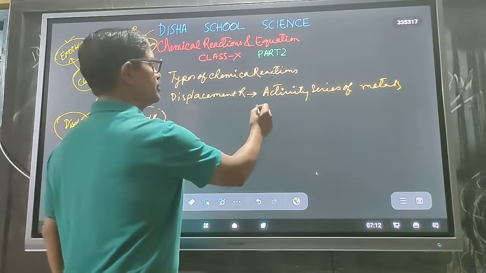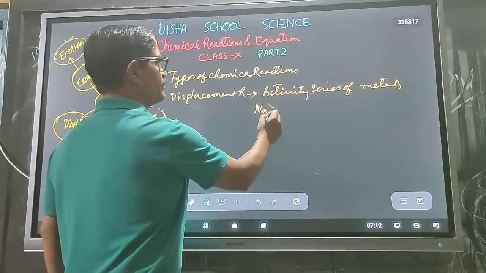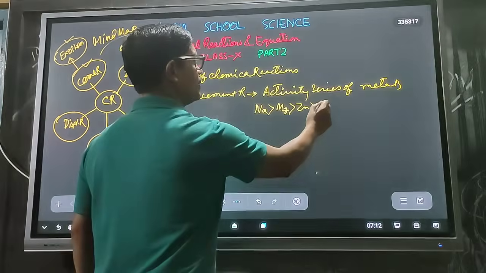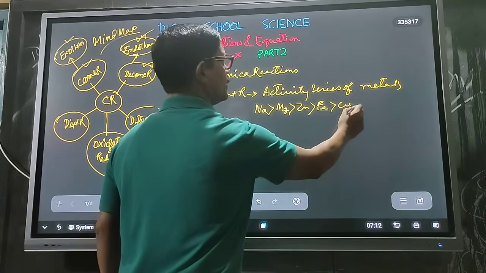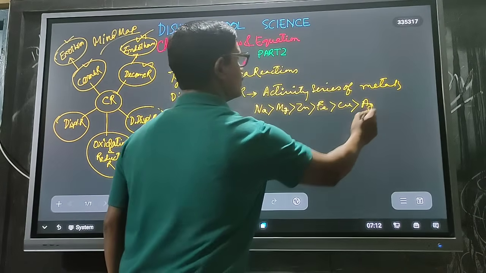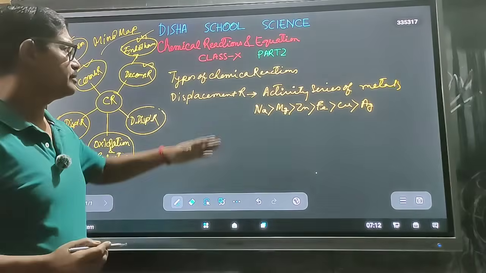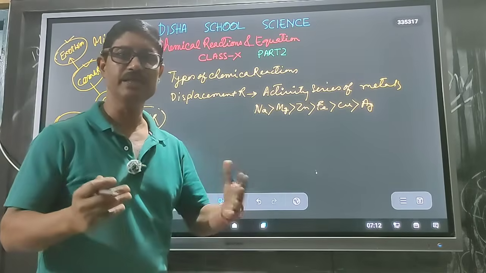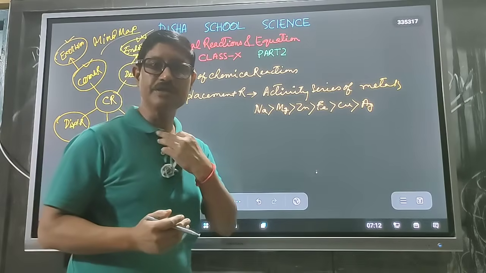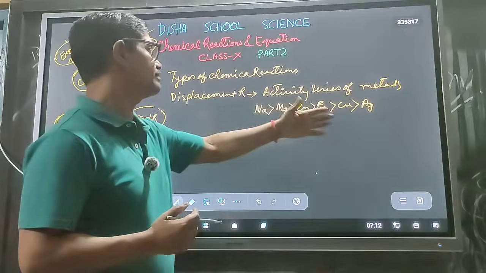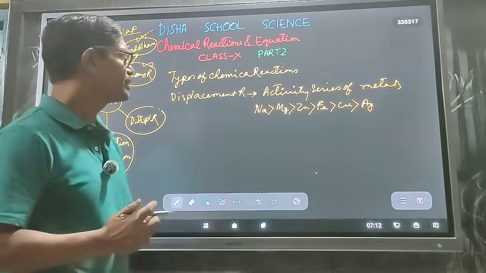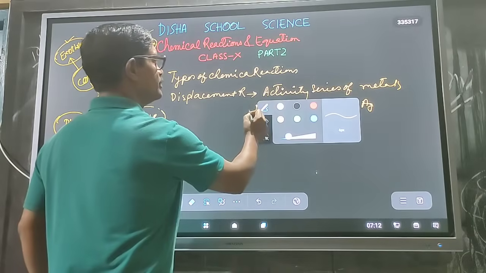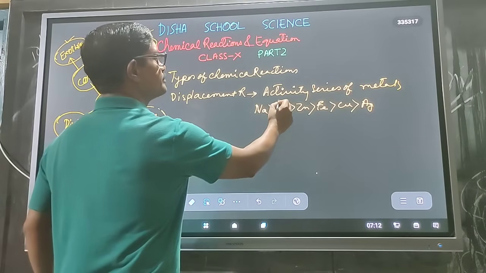There are so many metals, but I make it 6 so that we can easily memorize: sodium, magnesium, zinc, iron, copper, silver. That means sodium is more active than magnesium.